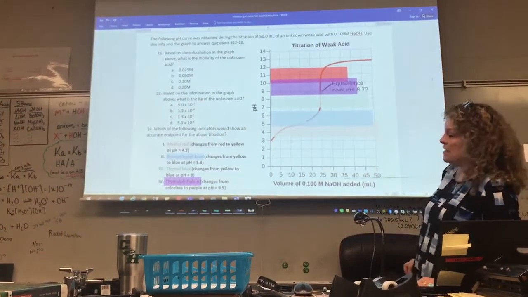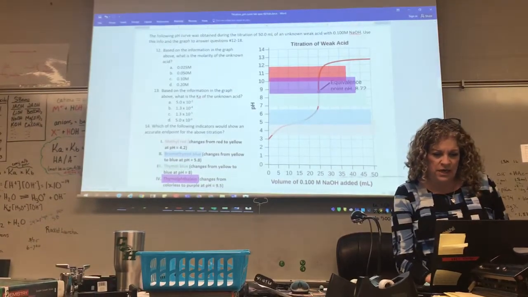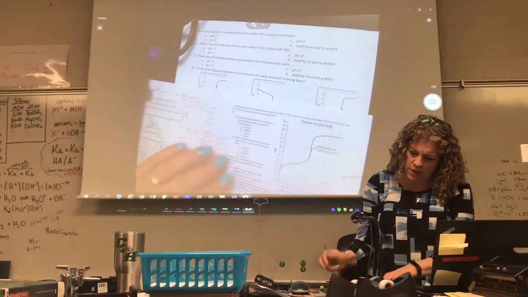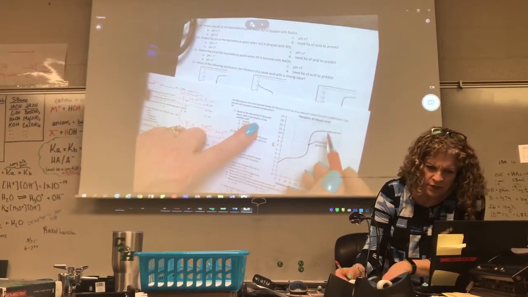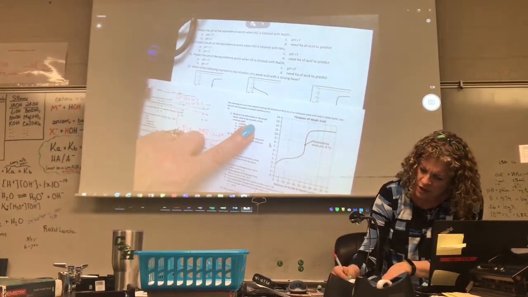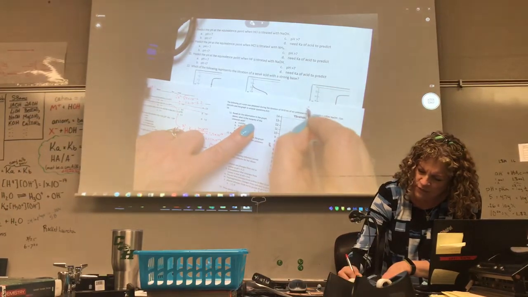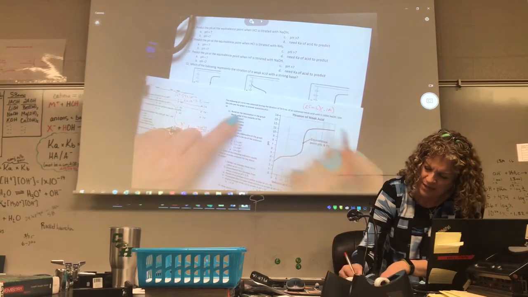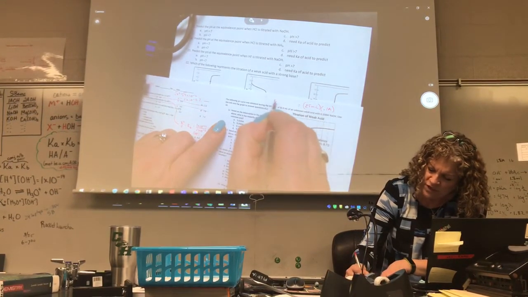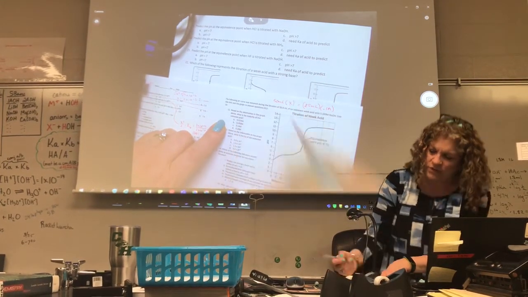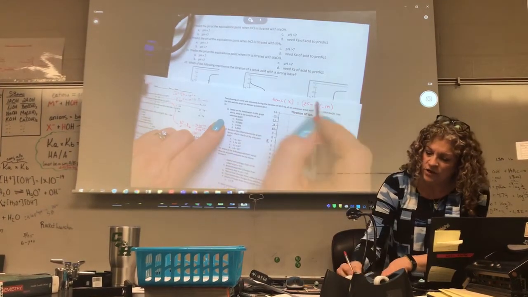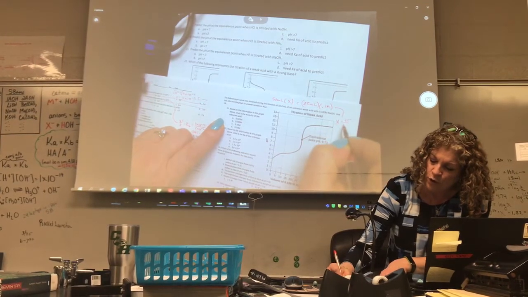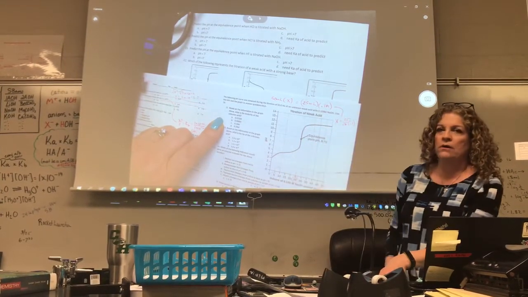Okay, MAVA equals MBVB. So let's switch over to the camera, so we can write on this. Here we have, in terms of the base, 25 mils of 0.1 molar, that's the base, equals 50 mils of X. You see how X is going to equal 25 over 50 times 0.1.